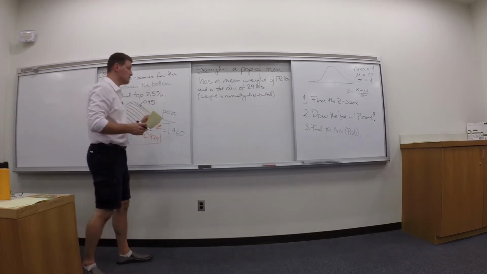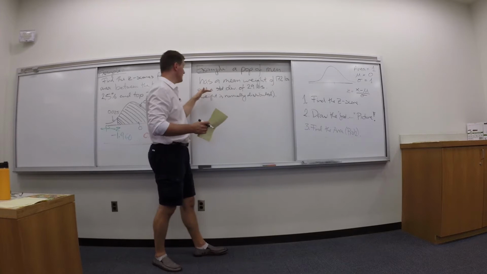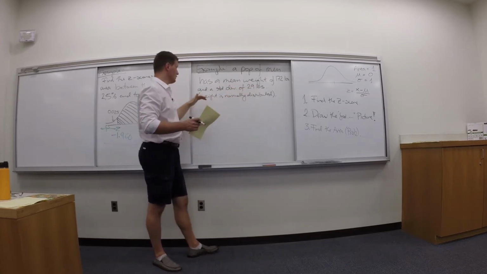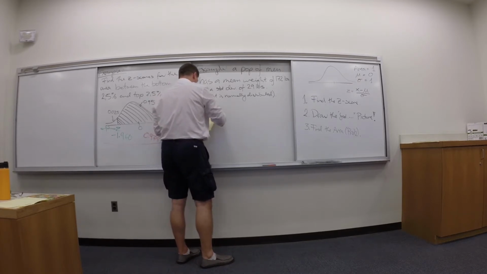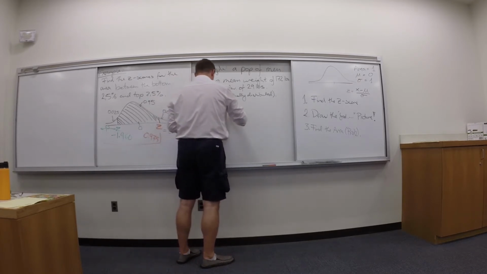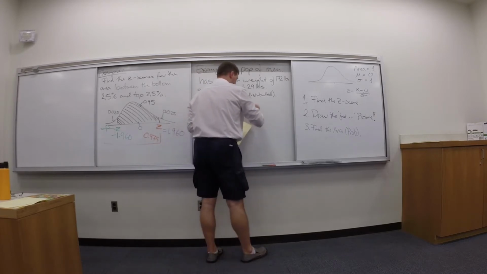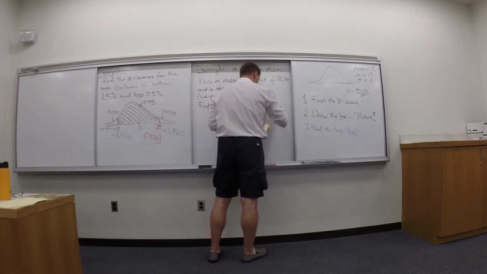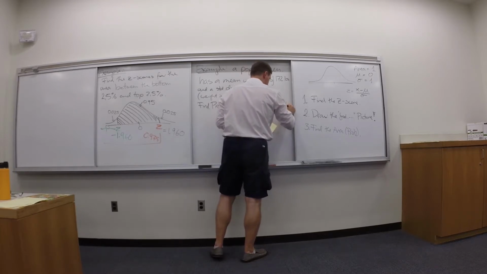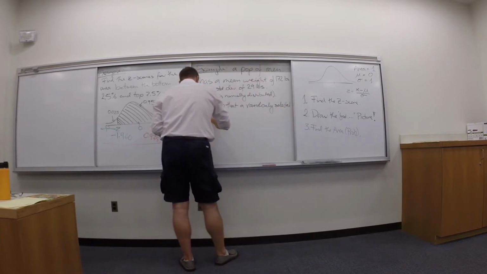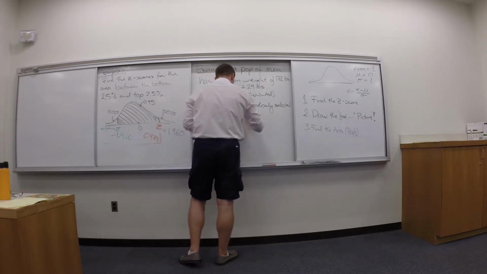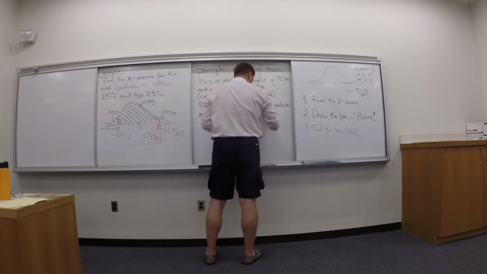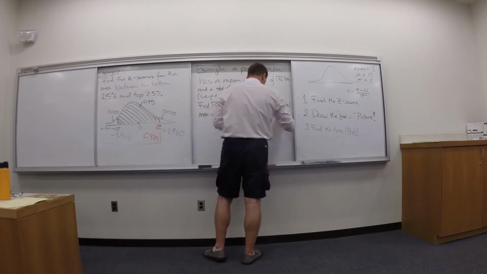So a population of men has a mean of 172 pounds and a standard deviation of 29 pounds. Weight is normally distributed, and we're going to say find the probability that a randomly selected man will have a weight of less than 174 pounds.